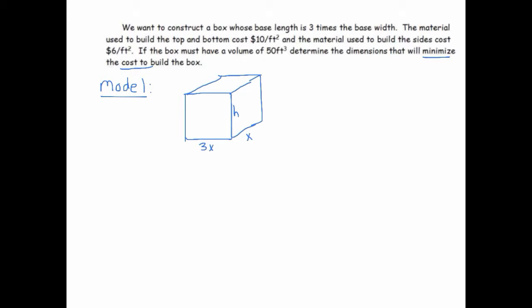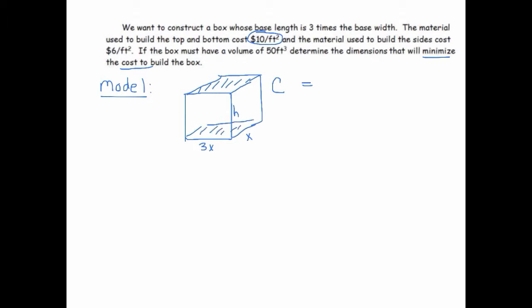All right, so now let's talk about what the total cost of this box is going to be. So, cost. Well, I'm told that it costs $10 per square foot to build the bottom and the top.